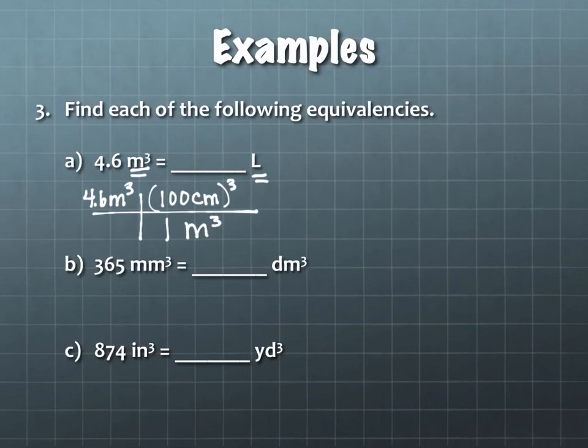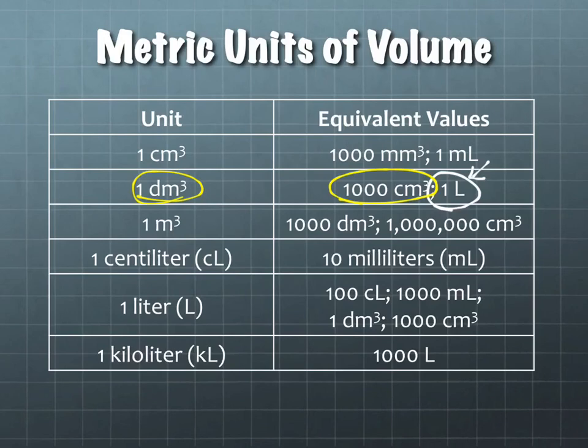I'm going to have to cube my 100. Okay, so we'll do the cubing of that in a moment. Once I have it cubed, continuing on with my fence over here, I will have my centimeters cubed on bottom now to cancel out. And then I can use that second line that Emily talked about. It says that 1,000 centimeters cubed is 1 liter.